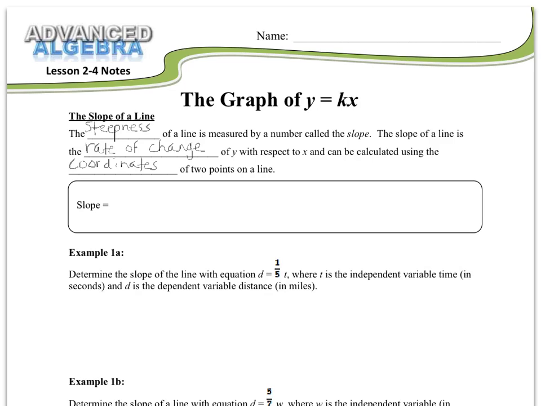So in this box where it says slope equals, we're going to write a few ways we can calculate slope to help you understand it. So slope is the change in vertical distances compared to the change in horizontal.